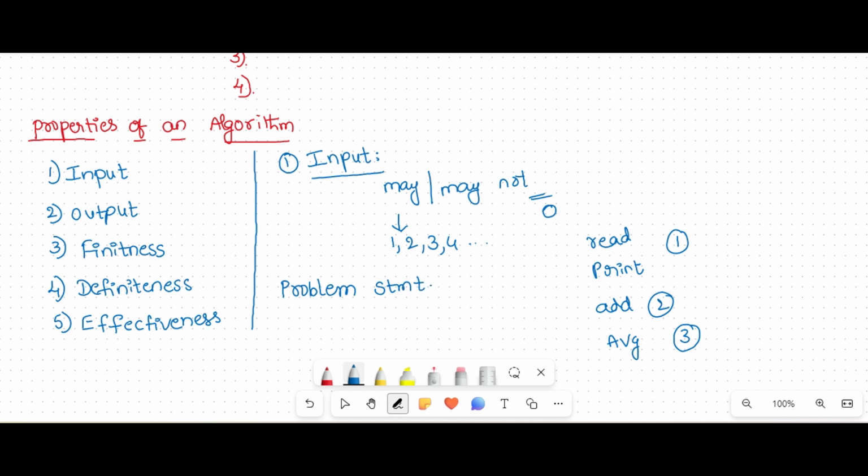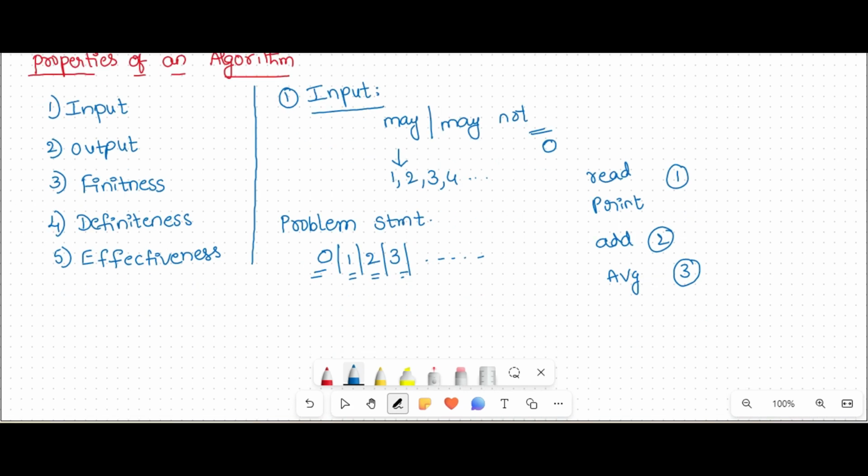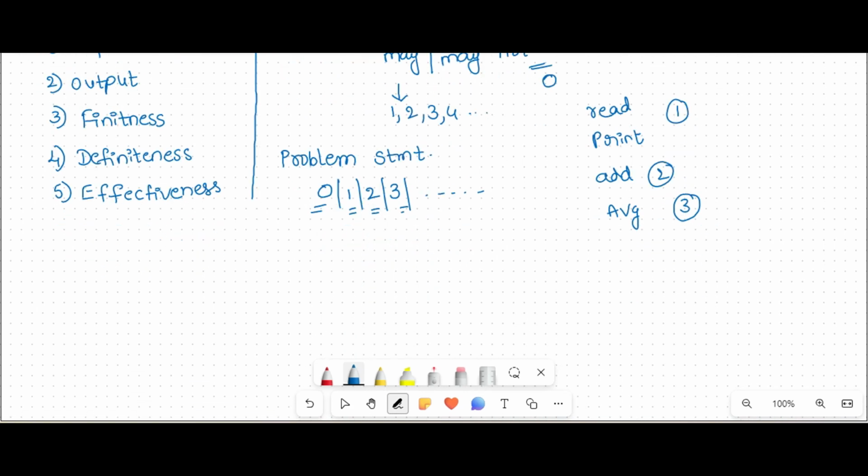Depending on the problem, the algorithm takes a number of inputs. So it may take 0 inputs or 1 input or 2 inputs or 3 inputs and so on. Okay, so that is about the input property.